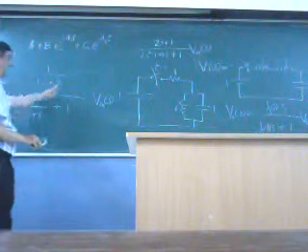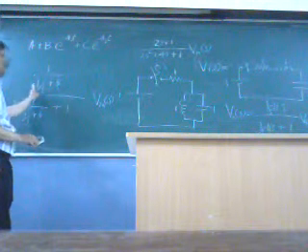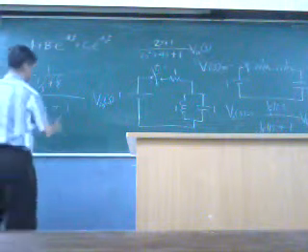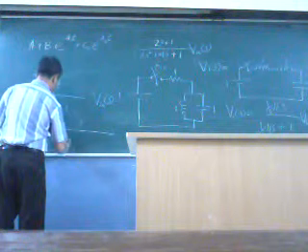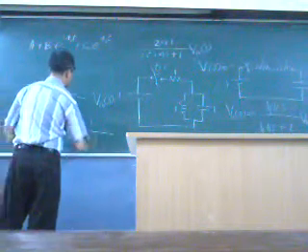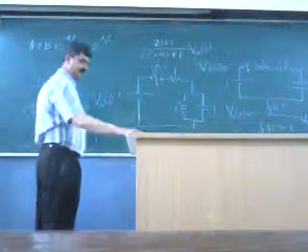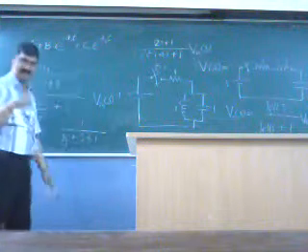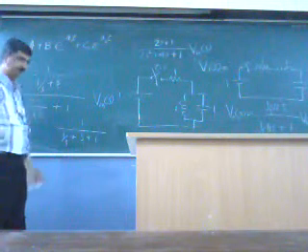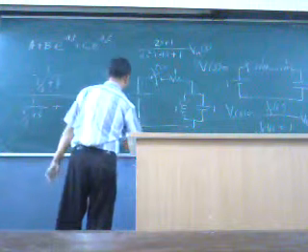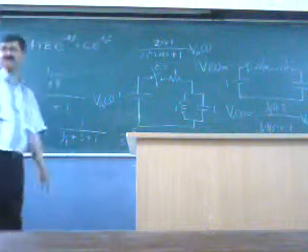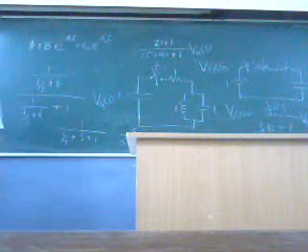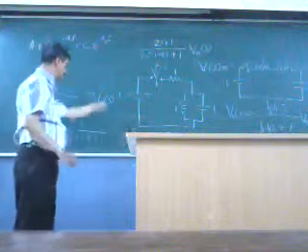Multiplying by 1 upon S plus 1 on numerator and denominator, it comes out to be 1 upon S plus 1. Multiplying again by S in the numerator and denominator, we get S upon S square plus S plus 1, into 1 upon S again, because that is VNS.